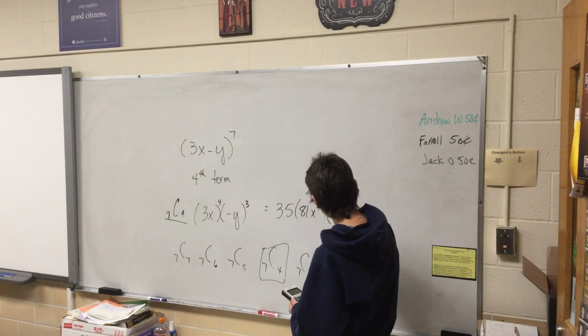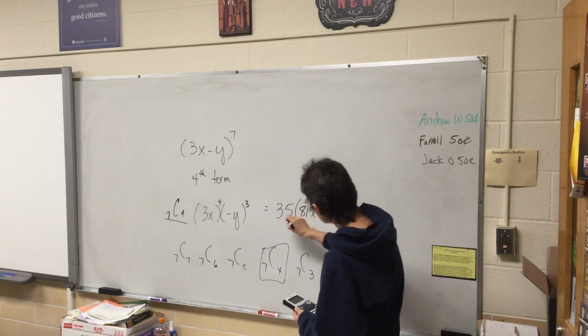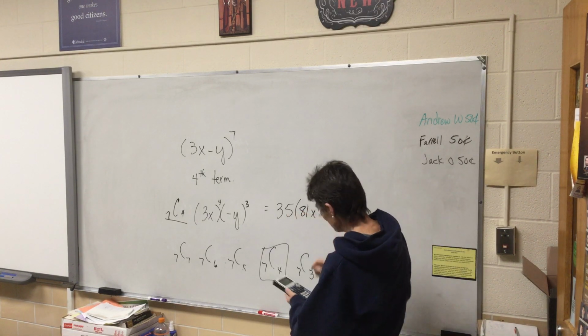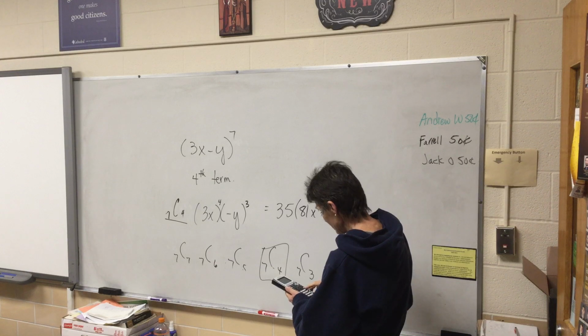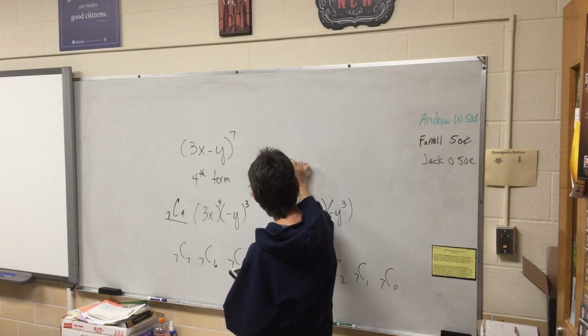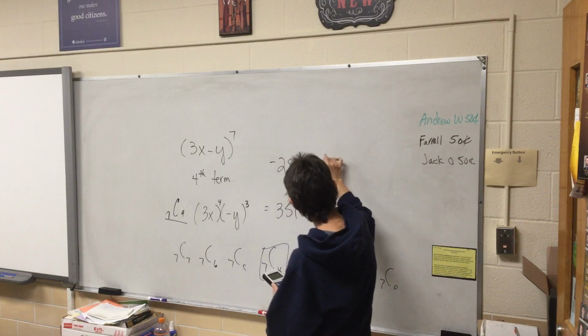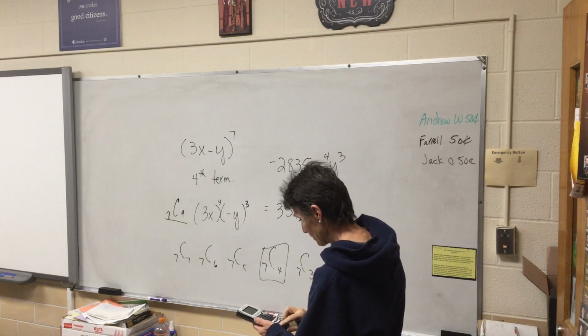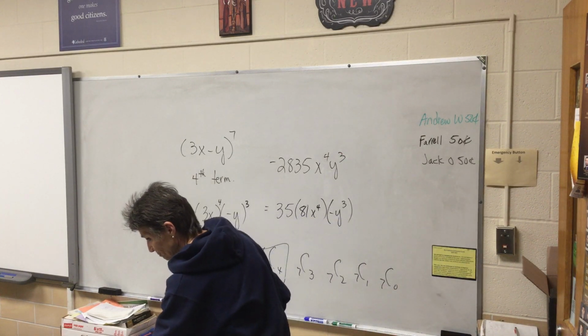So that's going to be negative y cubed. Now, this is a multiply. That is not a subtraction. So 35 times 81 times negative 1. So negative 2835, x to the fourth, y to the third. That would be my final answer.